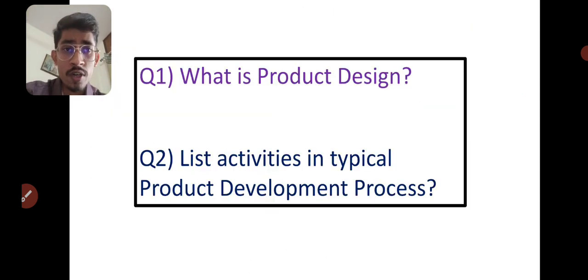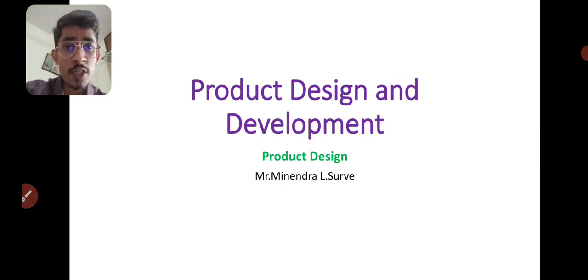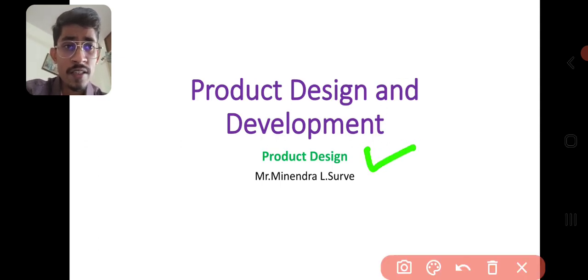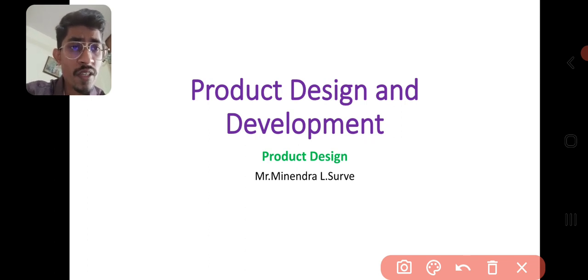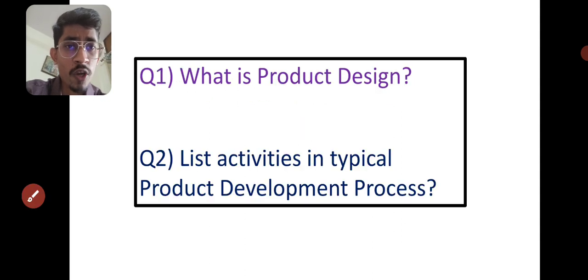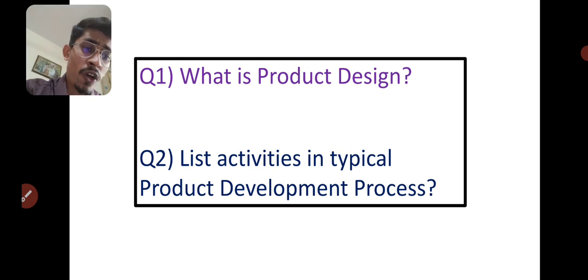If I talk about the various policies related to product design, the first policy is the cheapest cost for the product. The second policy is the highest quality of the product, where you provide the highest quality.